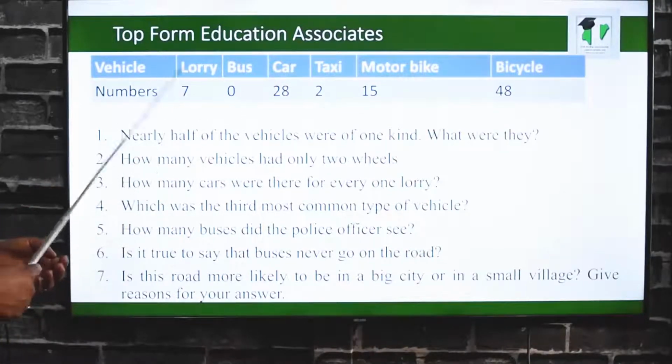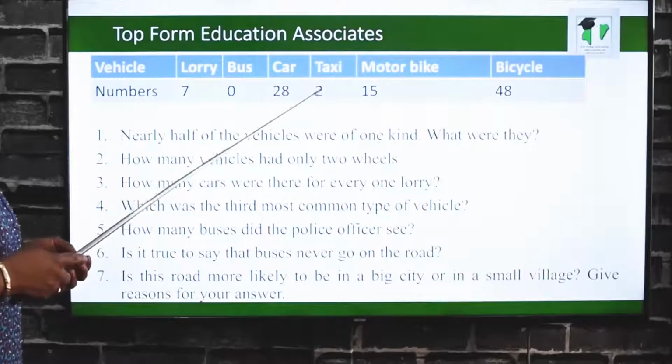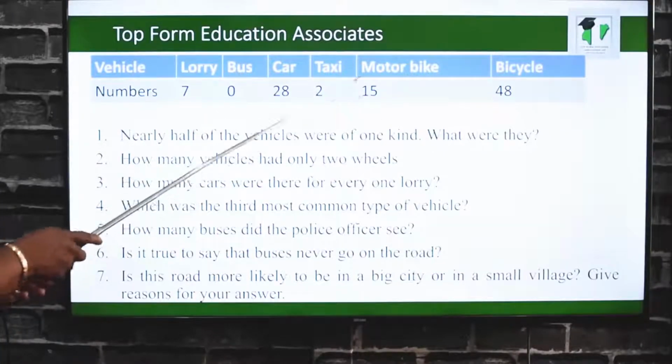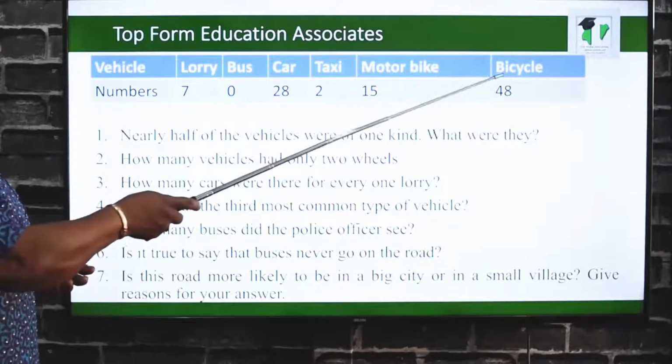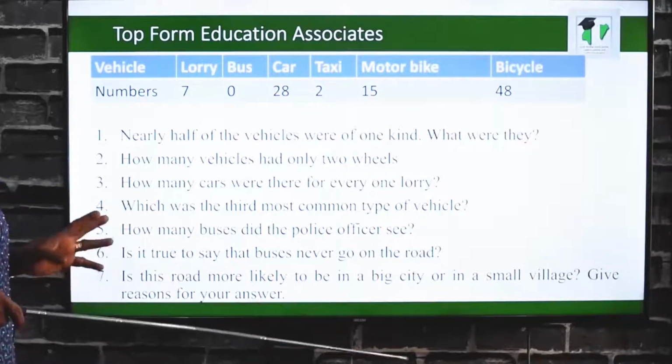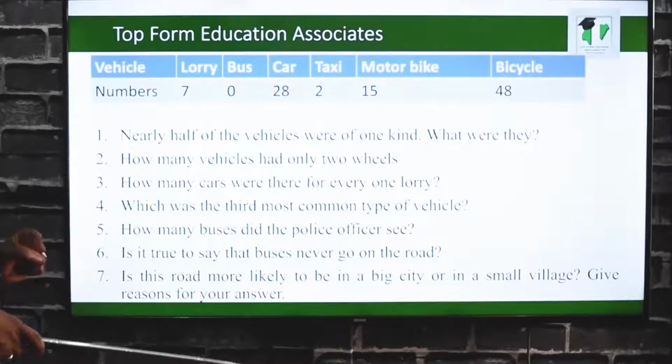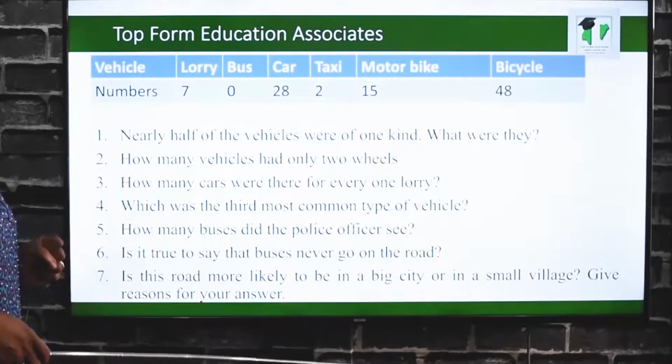But in this frequency table, we have taxis 2, cars 28, but motorbikes 15 and bicycles 48, meaning that this road will most likely be in a village setting.